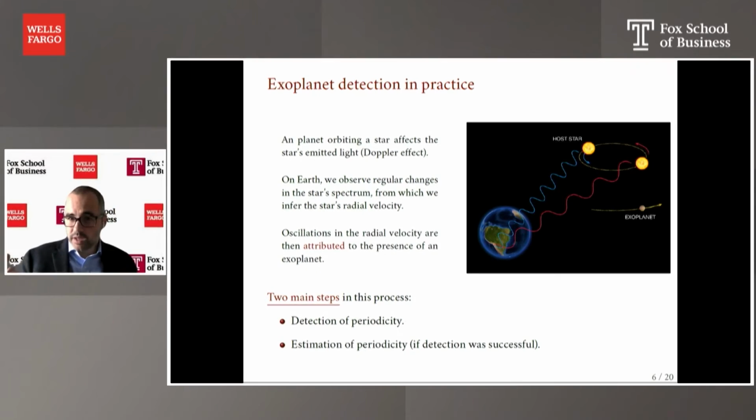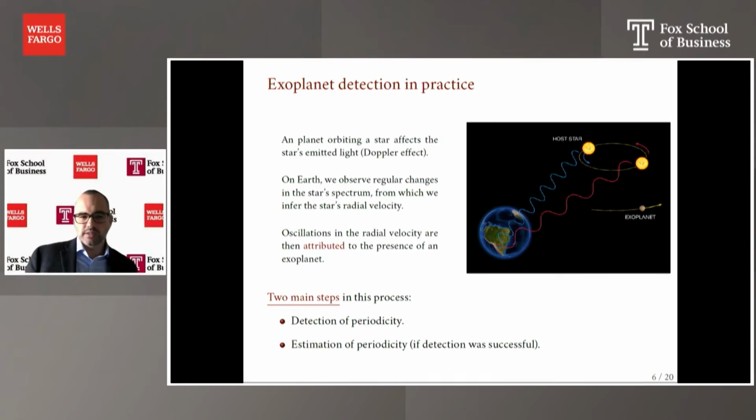Actually, that same signature is what Jupiter, this large planet in our solar system, imprints onto our sun. So if some aliens are observing us using the same method, they could detect the presence of planets just by the effect of Jupiter on the sun.